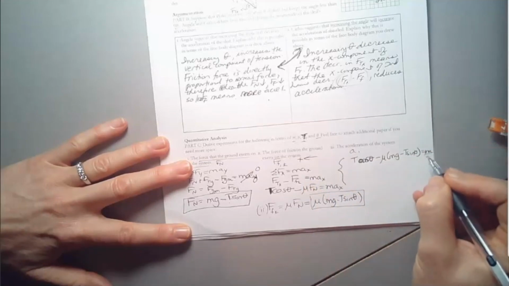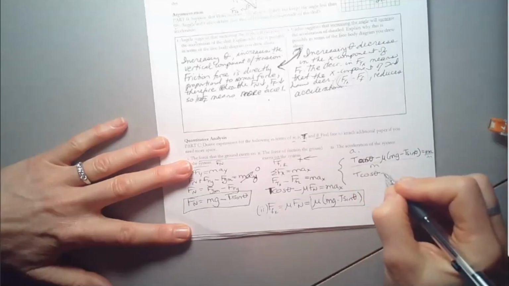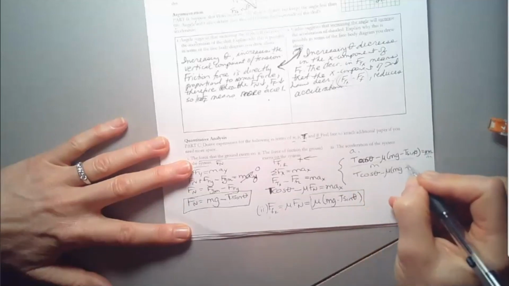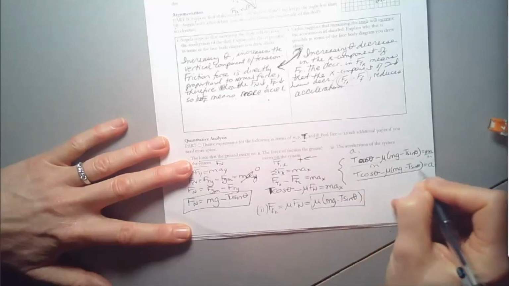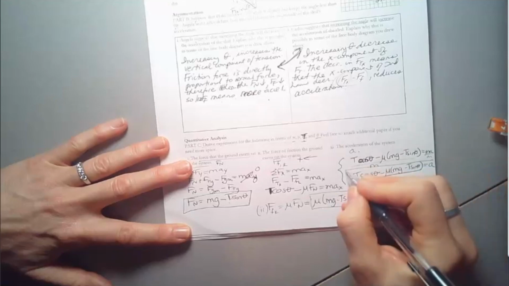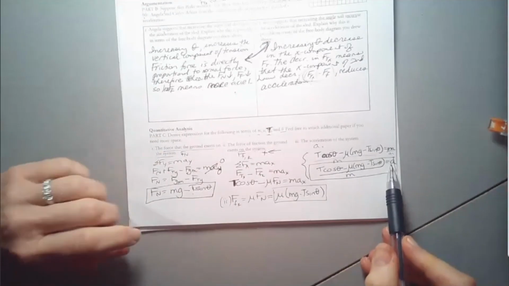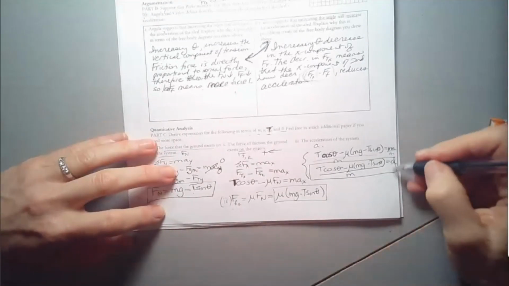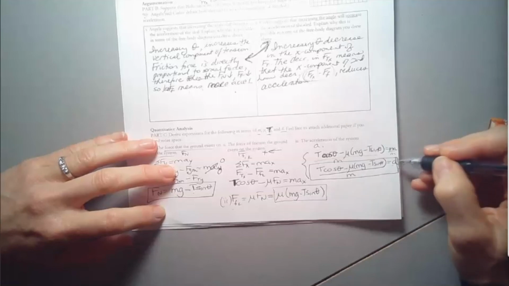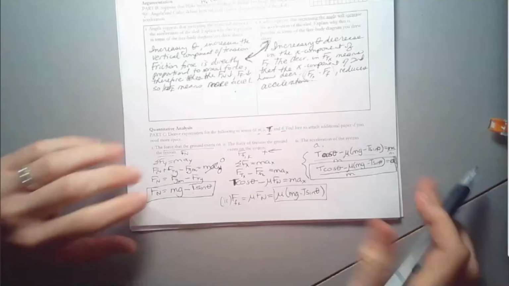Now I'm going to divide both sides by m, and I get t cosine theta minus mu times mg minus t sine theta equals a, and the whole thing is over m. Now I want you to notice something. This is an ugly expression, right? There's nothing graceful about it. Doesn't simplify. That's okay. Don't worry when you get expressions that are messy, because that is not unusual.